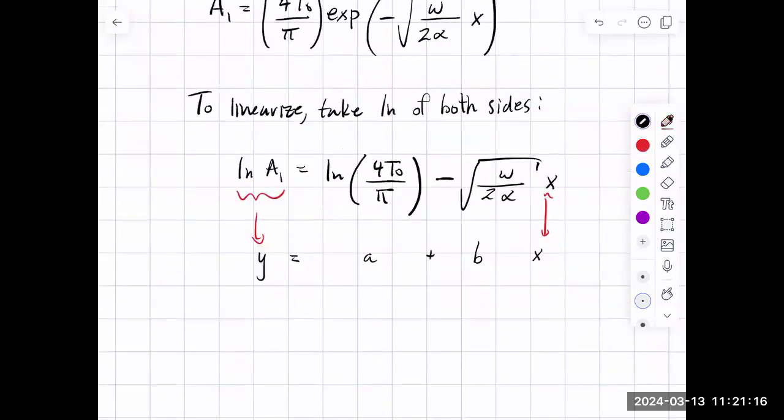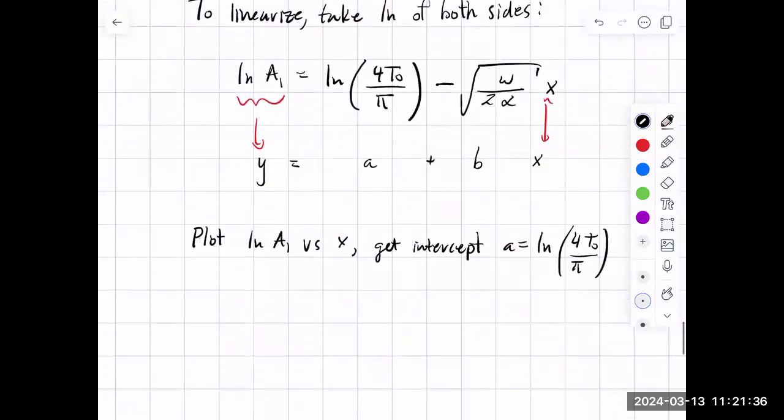So we're going to plot the ln of A1 versus x, and we're going to get an intercept. A is going to be the ln of 4T0 over pi. And we're going to get a slope of B is equal to minus square root of omega divided by 2 alpha.